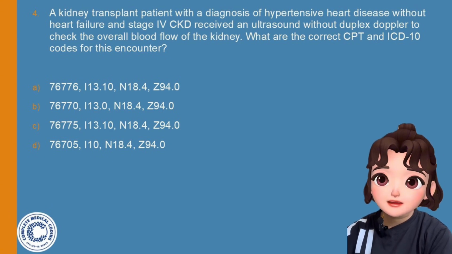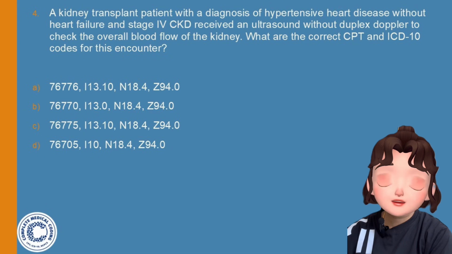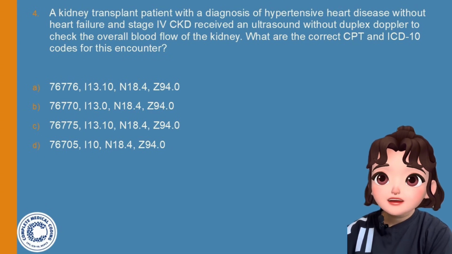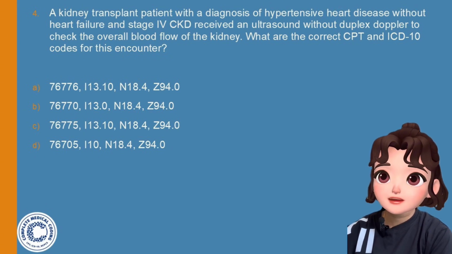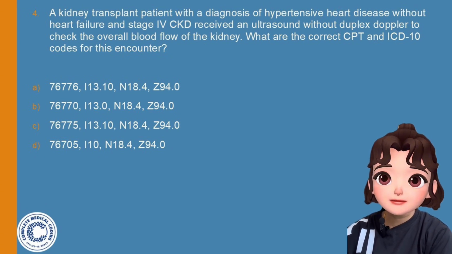So that also we cannot code. So our exact ICD code is I13.10. And the other 2 codes which are common: N18.4, what is N18.4? Chronic kidney disease stage 4. And Z94.0 means kidney transplant status. The patient is a kidney transplanted patient.